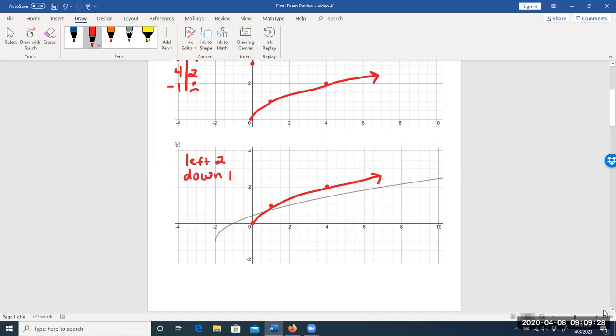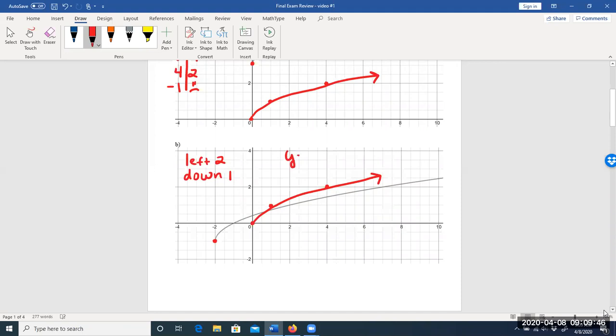So I just noticed that the point 0, 0 has moved down here. So to go from 0, 0 to this point, it's left 2, down 1. Now if you want to check the other points, they also move left 2, down 1.